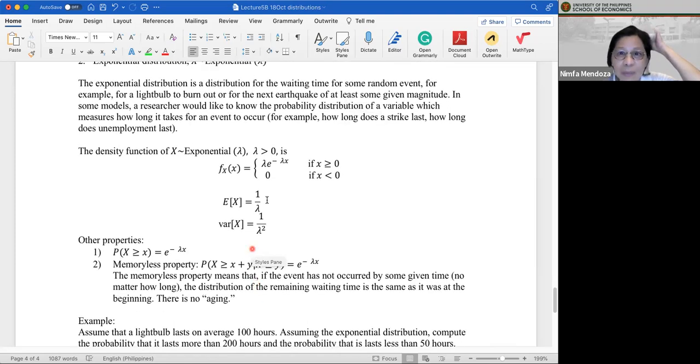So that's applicable, for example, when you're looking at the probability of the next earthquake.